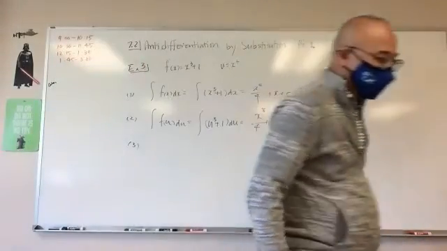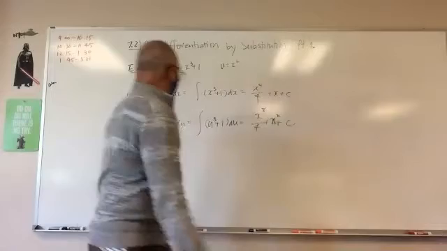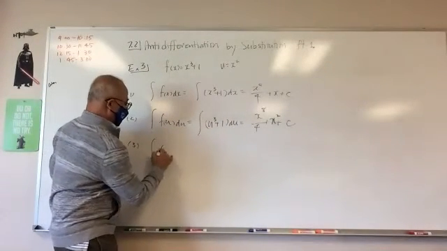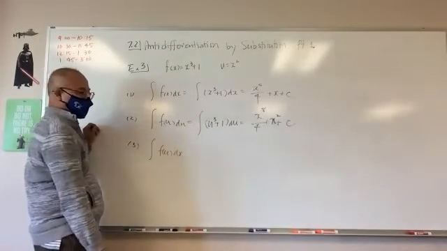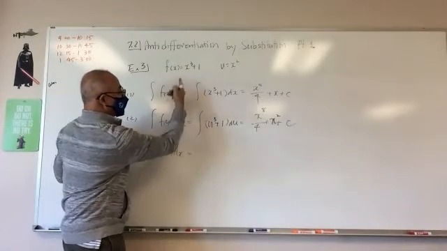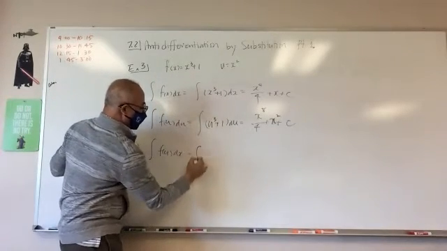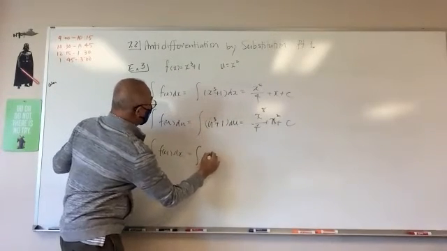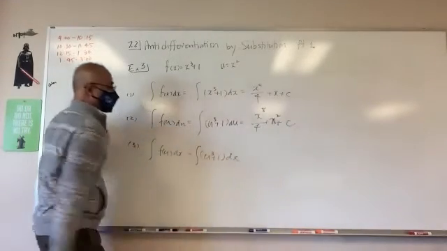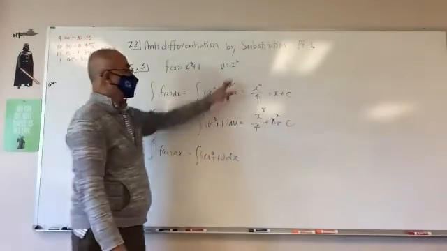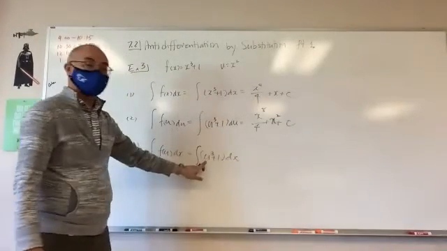3. Oh, this is the integral of f of u dx. Okay, so f of u is this guy here. It's going to be u cubed plus 1 dx. But I know that u is equal to x squared, so I'm going to put that guy in here.